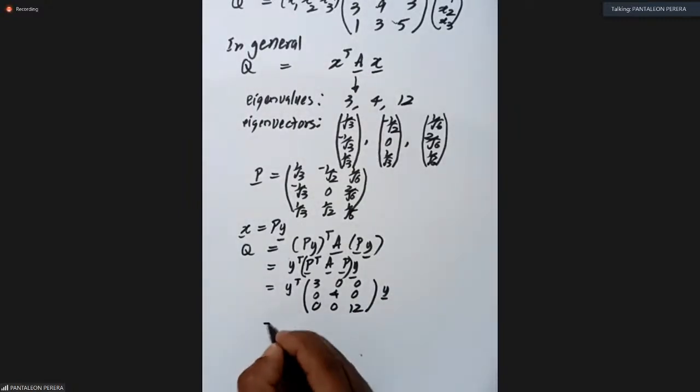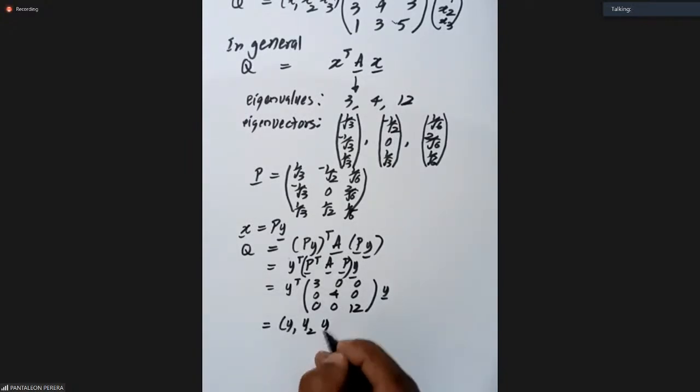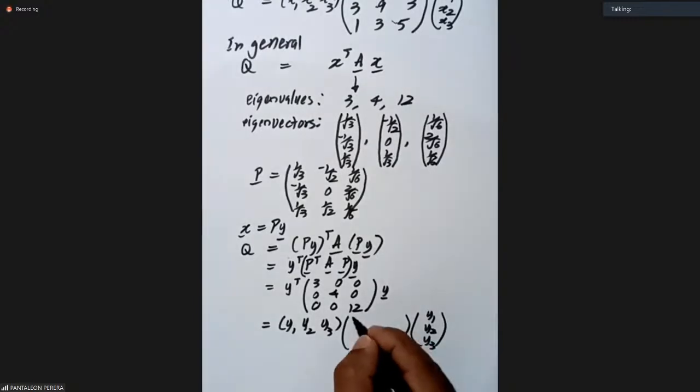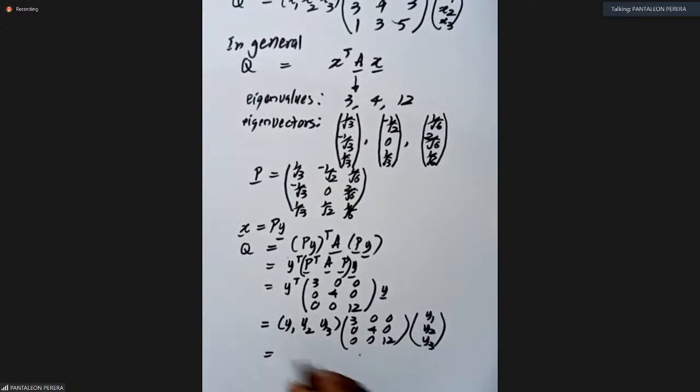So if you want to explicitly write this, you know the trick now. If it is in this form, how do you write the final answer? 3 is corresponding to what?